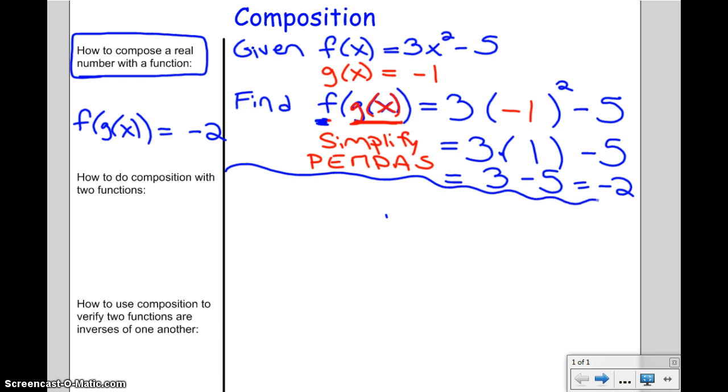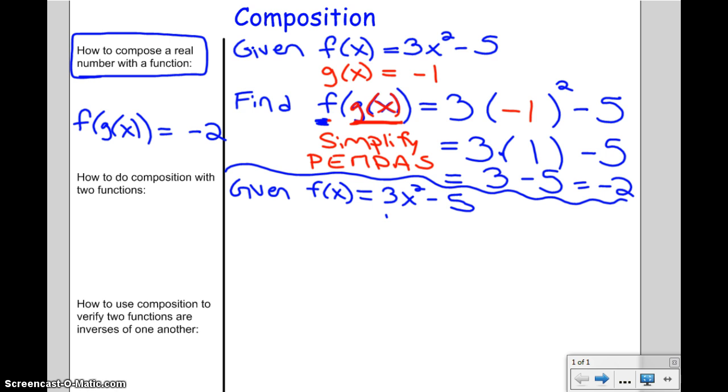This works with any function that f and g happen to be. So I'm going to make them just a little bit more complicated, and I'm going to make them 2 other different functions, not a constant, not just a number like -1. So I'm going to say, let's say that we were given the same f of x, 3x squared minus 5.